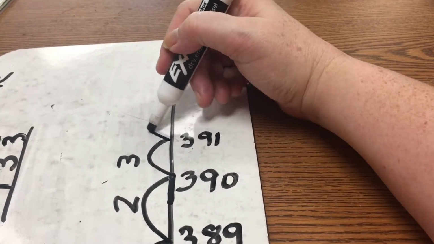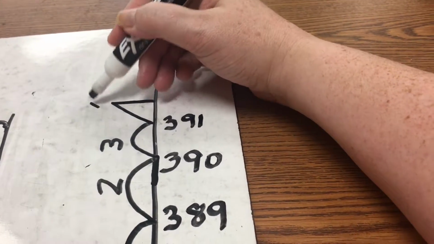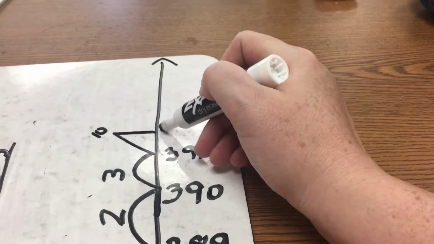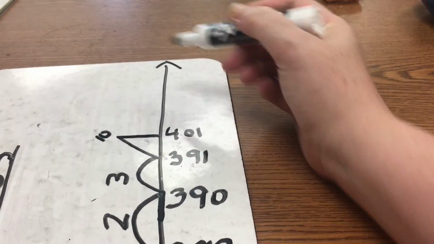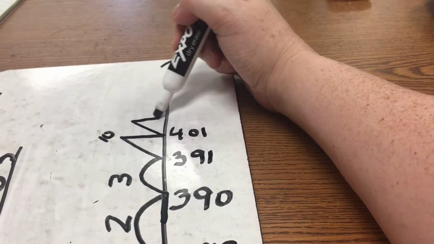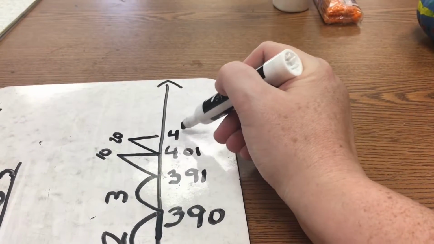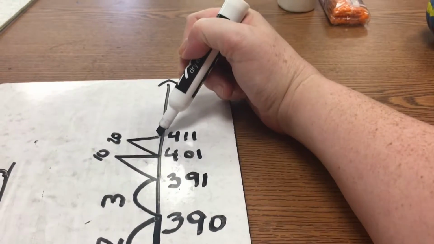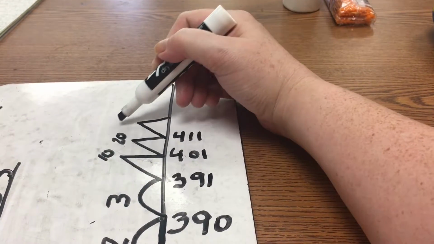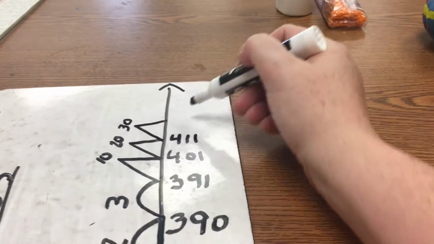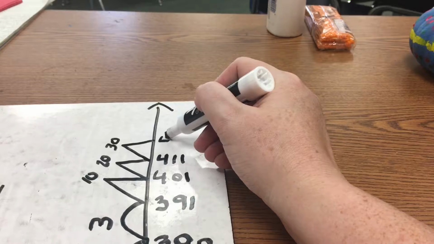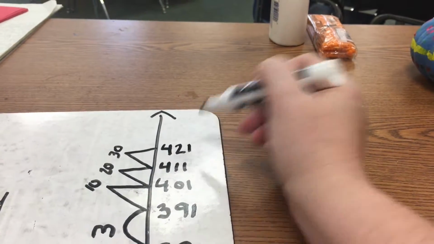So I have 10. That's 401. 20. 411. 30. 421.